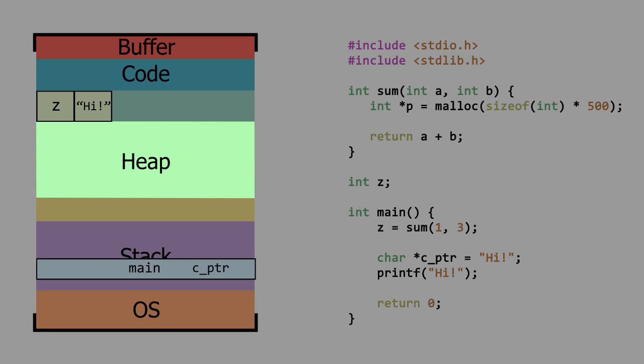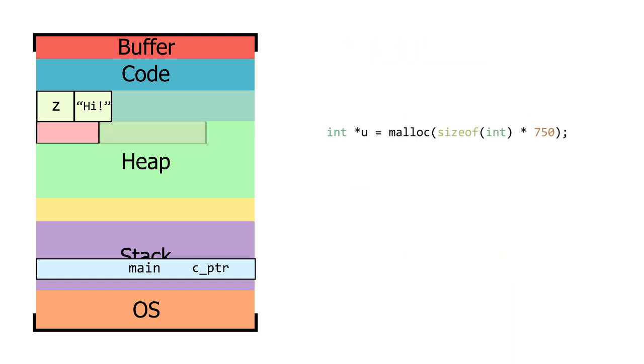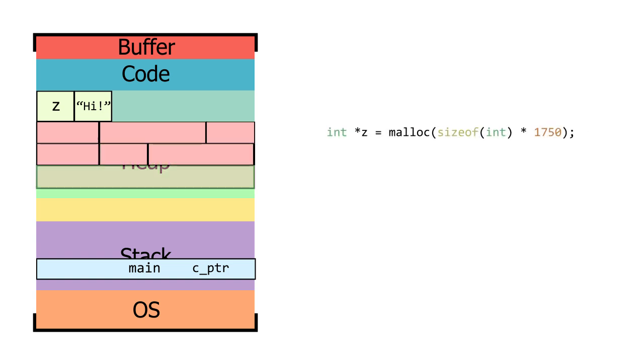When we malloc 500 integers, we are reserving 500 integer-sized locations in a single uninterrupted chunk of the heap. Over time, as we malloc more things, the heap will begin to fill up. Whenever we free an allocated piece of memory, it is marked as being available for allocation.